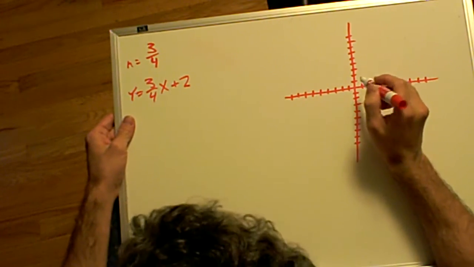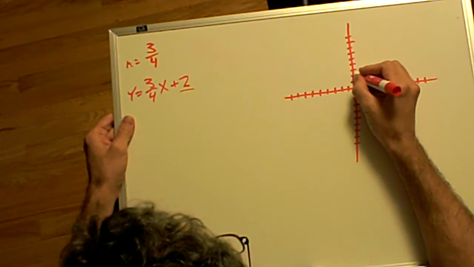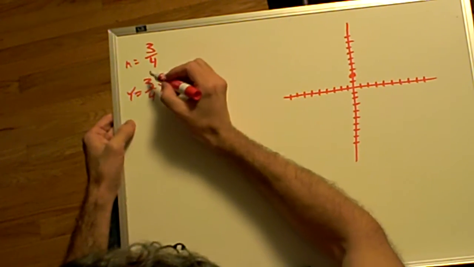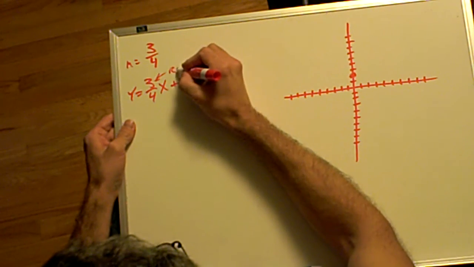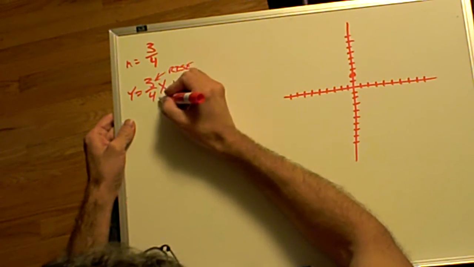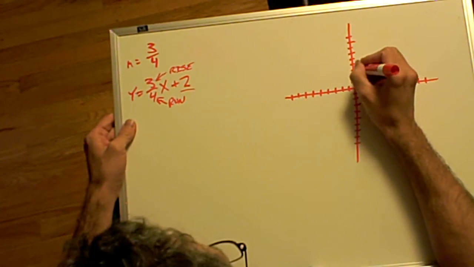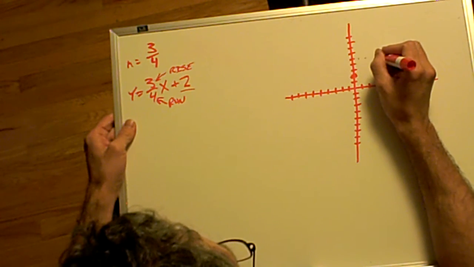So we're going to go over here to our graph. We have to start with our y-intercept, so we're going to put our dot at 2. And now we count our slope. This is going to be up 3, because this is our rise, and this is our run. So we're going to rise 3, 1, 2, 3, and run 4: 1, 2, 3, 4.